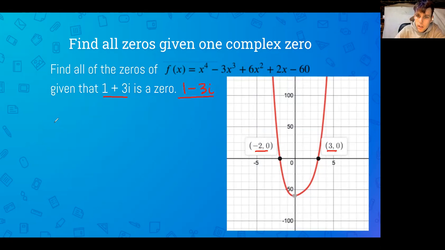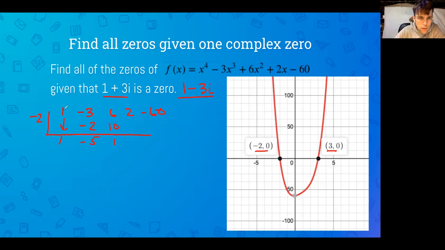So let's go synthetic division. Let's divide out both of these solutions. All right, -2, 10. Hold on, let's see. -2.